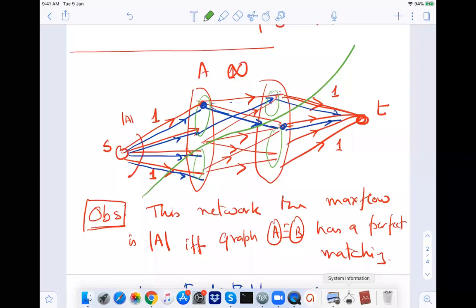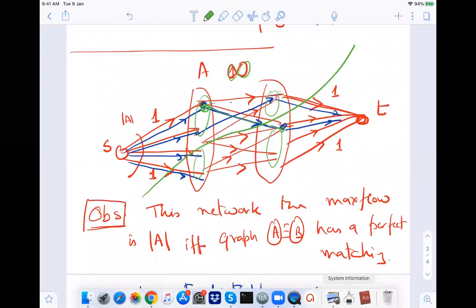And the size of the cut must be less than n, or size of A. Any edge that goes from the S part to the T part has capacity infinity.